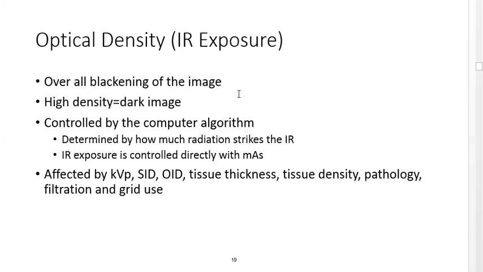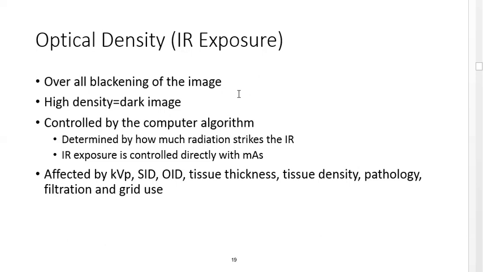Your computer algorithm controls your optical density much more so than your exposure, unless your exposure is either so high that you flood your phosphors and your computer can't make sense of it, or your exposure is so low that you starve your image receptor, and likewise your image receptor can't figure out what you've done.